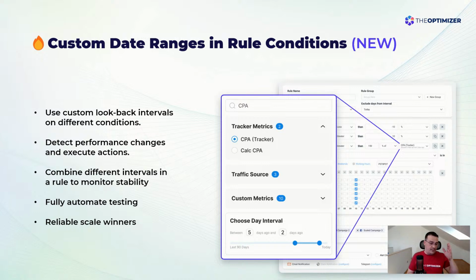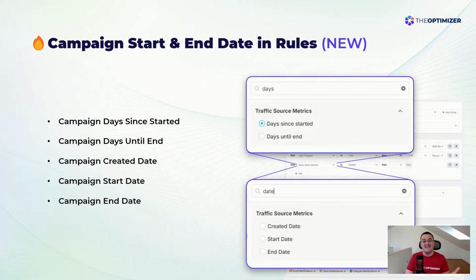So I'm looking at the first day, second day, third day, and so on, or the last 3 days individually, each and every day individually, in order to make decisions, or looking at a specific time frame in the past in order to make decisions. So this ability to use custom date ranges in rule conditions really removes the limits when it comes to applying specific strategies and specific actions on specific conditions.